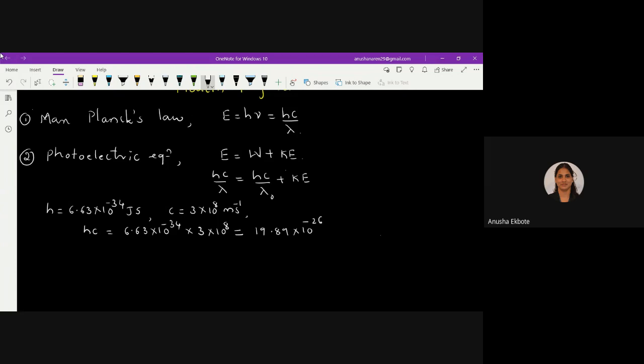Now, when you want to convert this to electron volts, what we do is we divide it by the charge of the electron, 1.6 into 10 raised to minus 19.